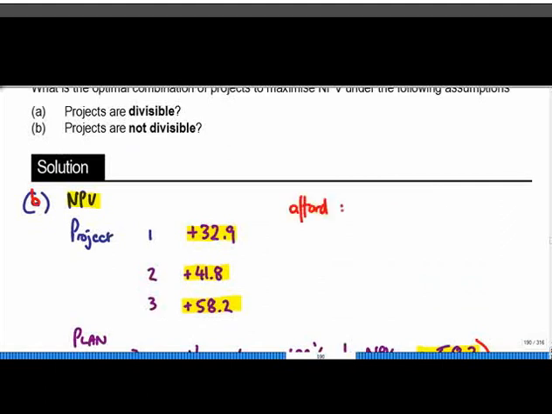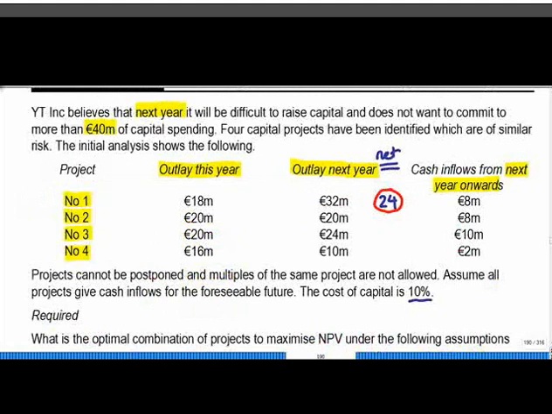Well, we know that project number 1 causes a net cash outflow of 24, project number 2 causes a net cash outflow of 12, and project number 3 causes a net cash outflow of 14. So with project number 1, we can afford either 2 or 3, but not both. We can also afford projects 2 and 3.